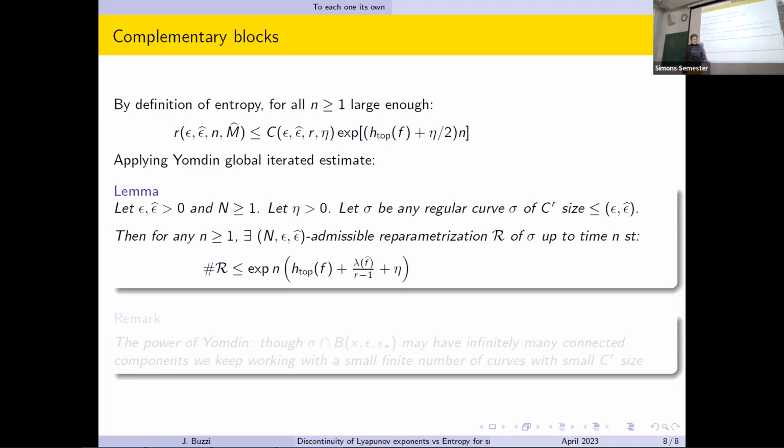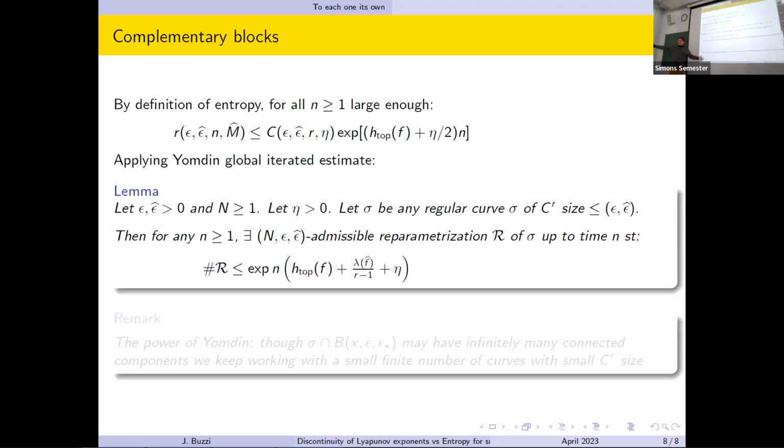Yeah, the key point of Yomdin is that inside dynamical balls, when you are looking at a very smooth dynamics, you can reparametrize, keeping the derivatives bounded, and the number of pieces doesn't explode. So we need it for all the time. For the complementary intervals, we can just treat them in just one swoop.